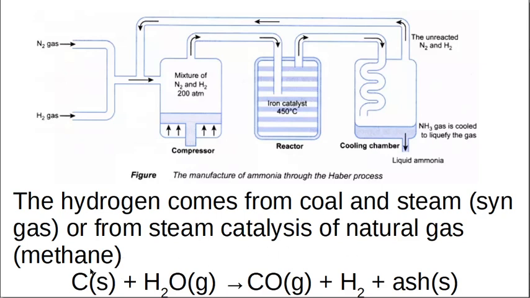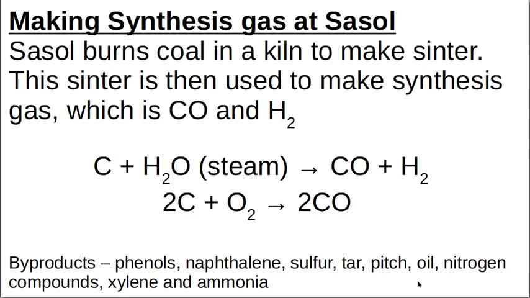So here's the carbon solid mixing with water. This is very, very high temperature gaseous water, and you get carbon monoxide and hydrogen and some ash out of this. Okay, so this is called syngas, and they burn coal in a kiln. A kiln's a giant, really, really hot oven, and they make sinter.